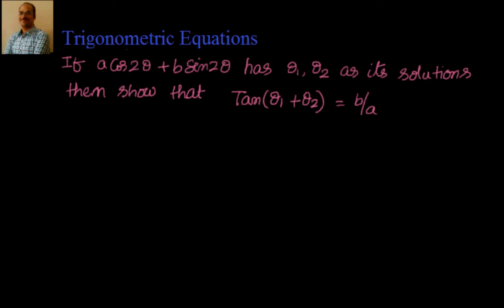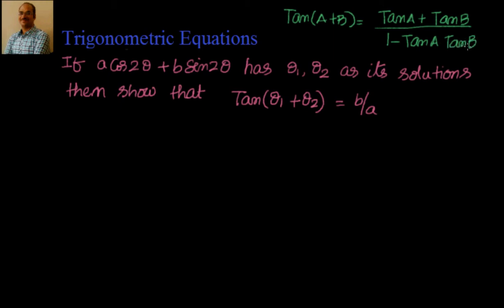So this is nothing but of the form tan of A plus B, equal to tan A plus tan B by 1 minus tan A tan B. So if I do that, I see that what I have here is tan theta 1 plus tan theta 2 by 1 minus tan theta 1 tan theta 2.